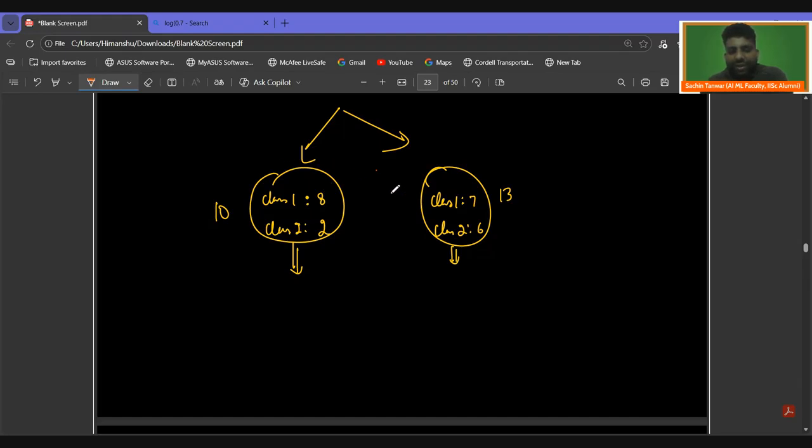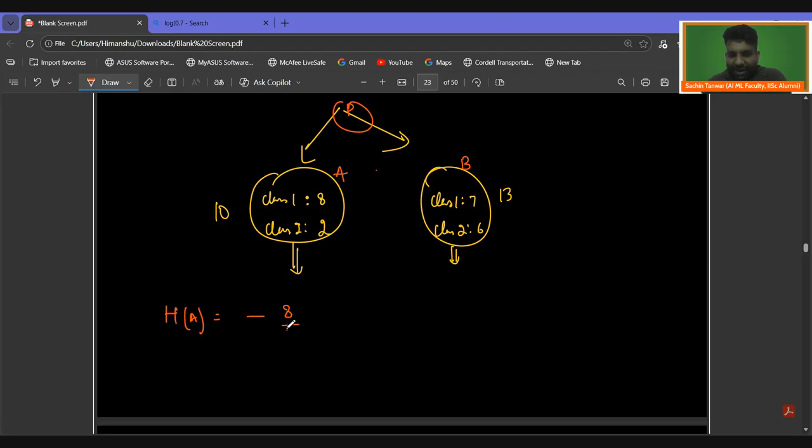So if I say this is node A over here, this is node B over here, this was the parent node over here. So what is the entropy determined by H of node A over here? So how you will be calculating: minus what is the probability of getting the first class. So 8 out of 10, 8 plus 2, 10.